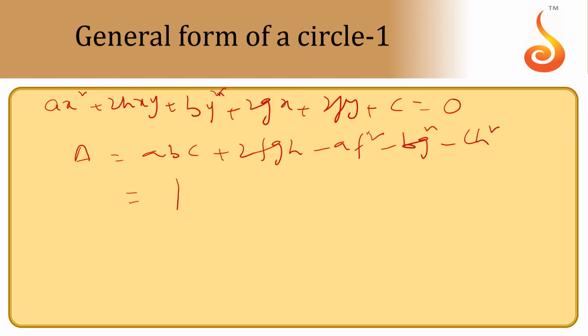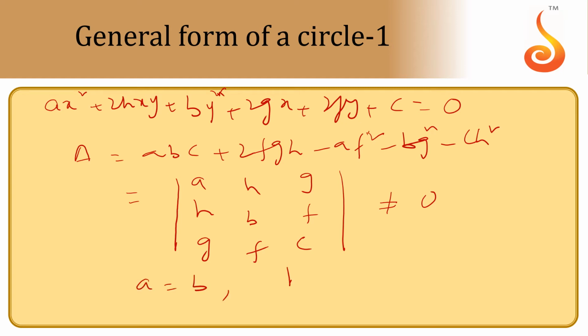So this is nothing but the determinant of a, h, g, h, b, f, g, f, c. Now if this equation is a circle, this should not be equal to 0, a should be equal to b and h should be equal to 0. Means the xy term should not be there and the coefficients of x square and y square must be equal.